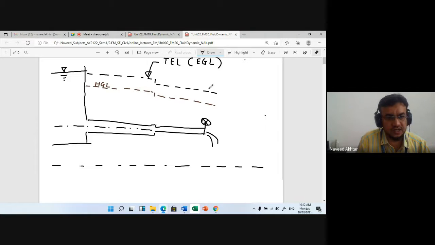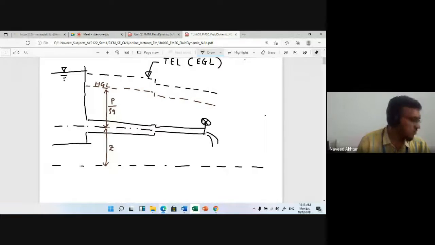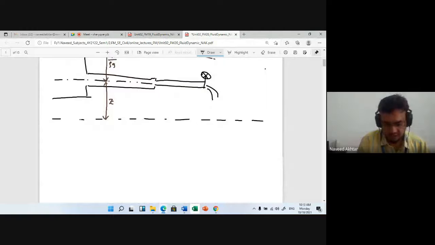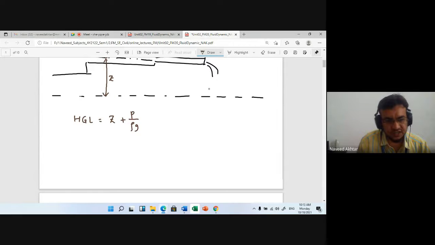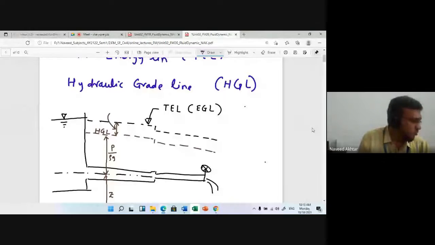If you write on the HGL, this part is P upon rho G, and this part from the bottom is Z. So the HGL will be Z plus P upon rho G. For the total energy line, the velocity part is added here, which is V square upon 2G.